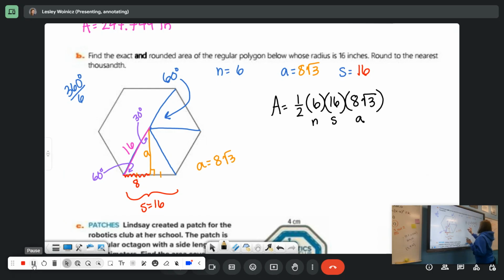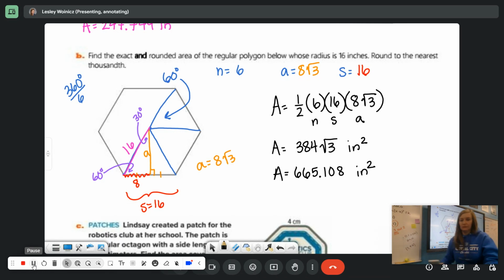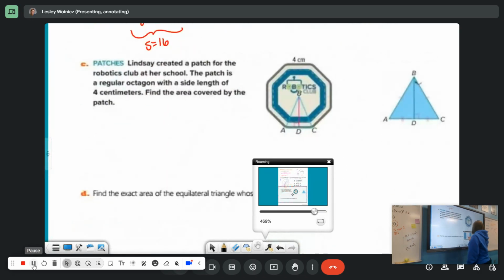Okay, so my area is 384 root 3 inches squared, or approximately, it says round to the nearest thousandth, 665.108 inches squared. Okay, next.